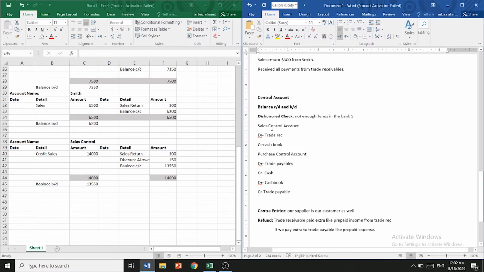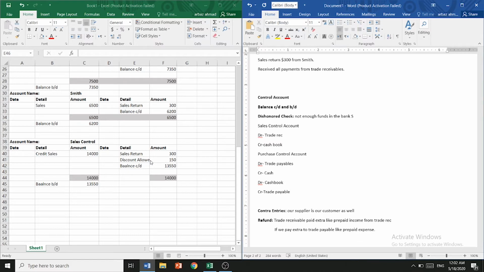But after the dishonored check, we will debit our cash book. The trade payables will say to us that the check you gave to us was not valid. You did not have enough funds in your bank account, so that's why we cannot accept the check. So therefore we will credit our cash book. Before we did this, now we will debit our cash book with the same amount and credit our trade payable. I hope that's clear.